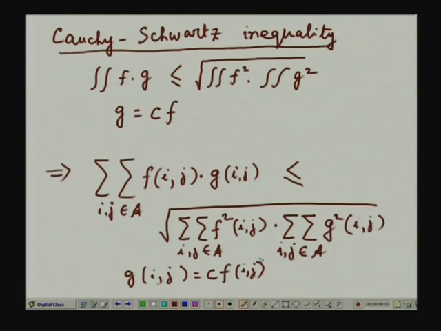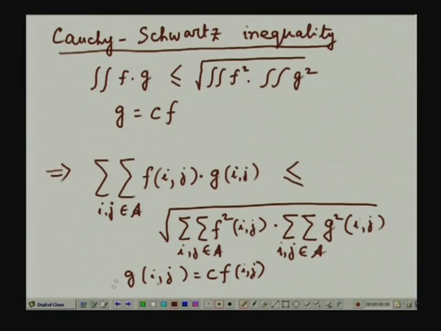So, for this template matching problem, we have assumed that f is the given template and G is the given image, and we have also assumed that the size of f is less than the size of the given image G.